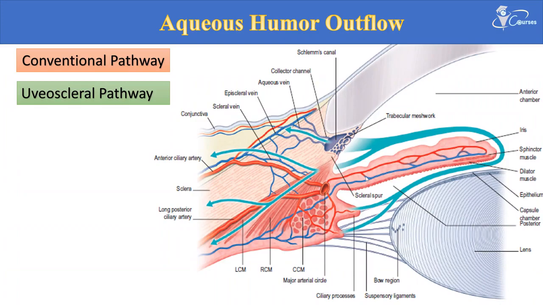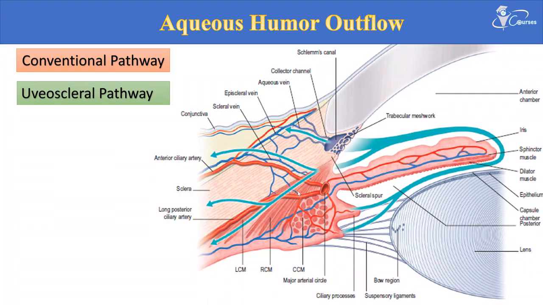However, there is another mechanism which is responsible for drainage of about 10 to 20% of aqueous humor, which is called the uveoscleral pathway. In the uveoscleral pathway, the aqueous will be absorbed through the root of the iris into the ciliary body, and from that into the supraciliary and the suprachoroidal space.